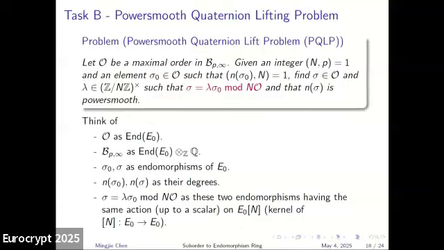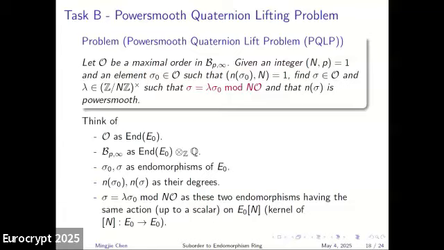The norm is coprime, which means the degree of the endomorphism is coprime to the integer, and we want to find another endomorphism such that they satisfy some congruence condition, and the degree of the other endomorphism is power smooth. This congruence condition is something like: these two endomorphisms have the same action on E0[n], where E0[n] is the kernel of the multiplication by n map, and they have the same action up to a scalar.